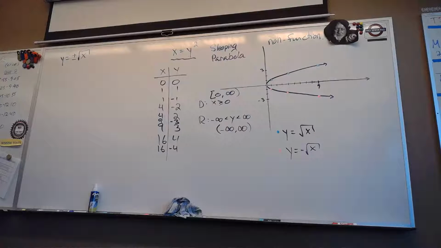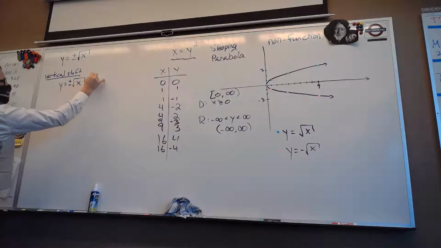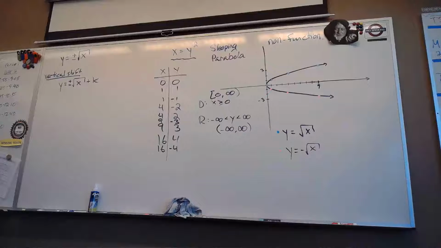And the first question, how do I vertically shift that function? Add 2 outside of the square root. Add 2? Or add k. Okay. Sorry. No, that's fine. Adding 2 is definitely a vertical shift, but we can generalize that to plus k.